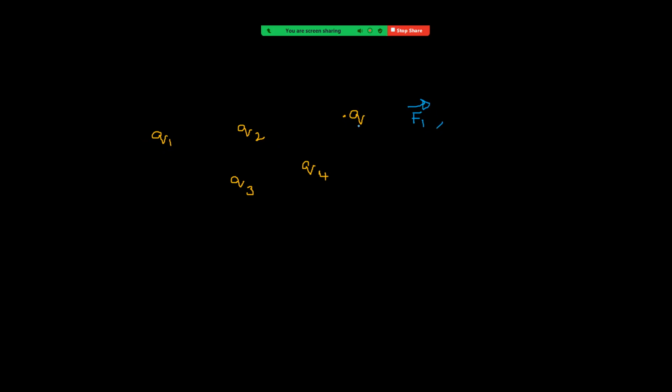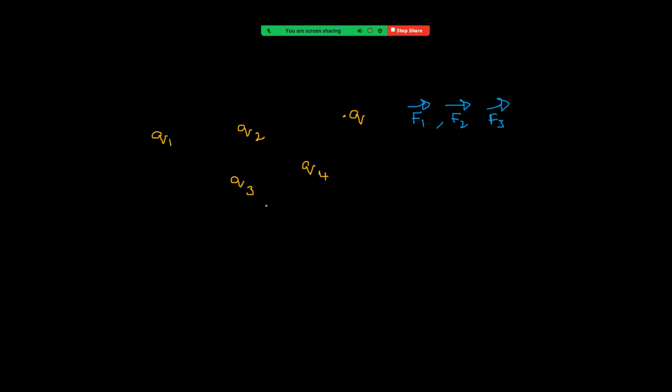Because of Q2, force on Q, let us call it F2 bar. That means when there are no other charges, force by Q1 on Q. Next, force by Q2 on Q when there are no other charges. In the same way, by Q3, force on Q alone, it is F3 bar.